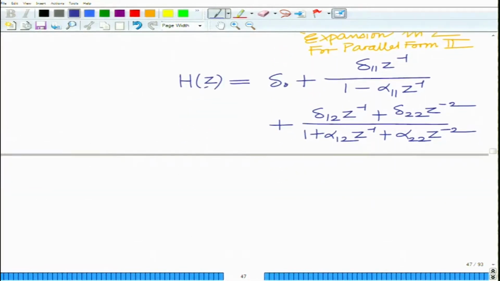And the parallel form 2 structure is given as follows.